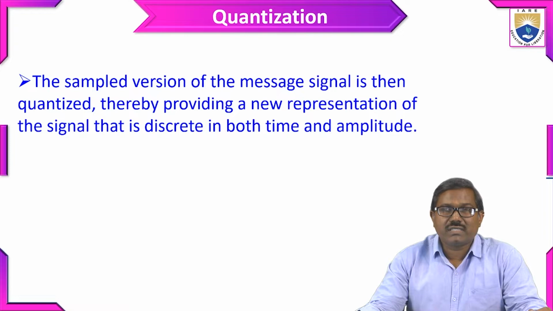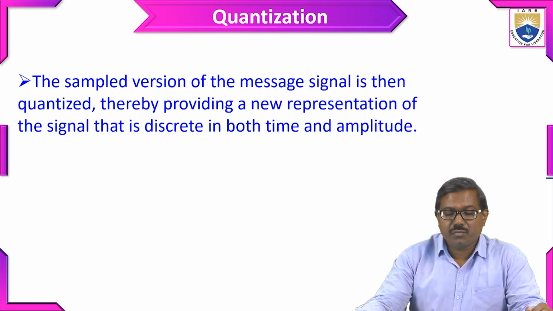In the transmitter, we convert an analog signal into digital by performing three operations: sampling, quantizing, and encoding. These are the three operations done in the transmitter of a PCM.